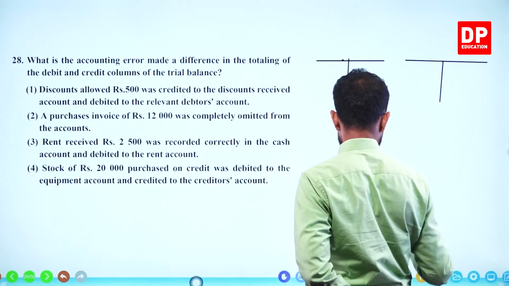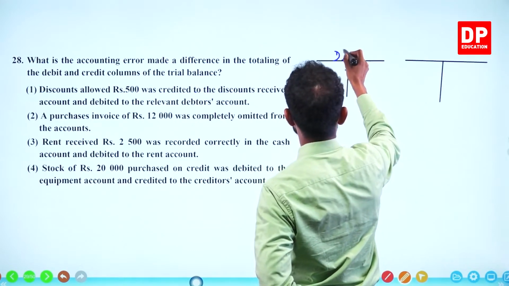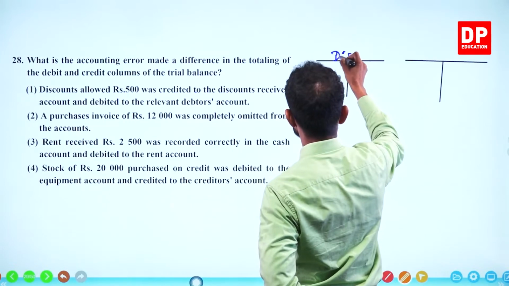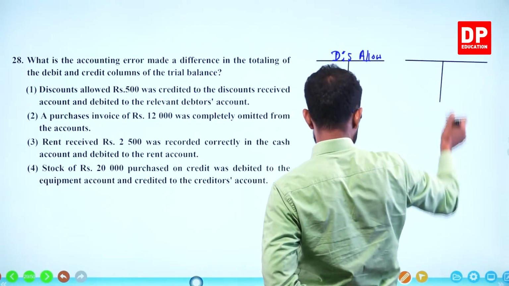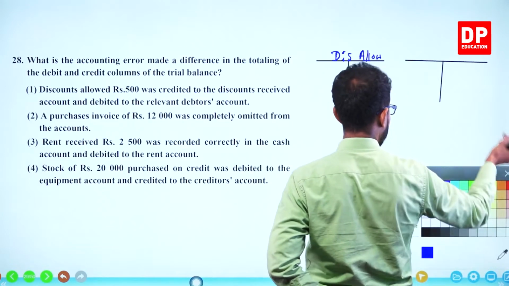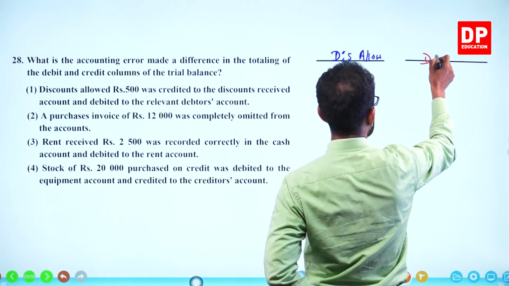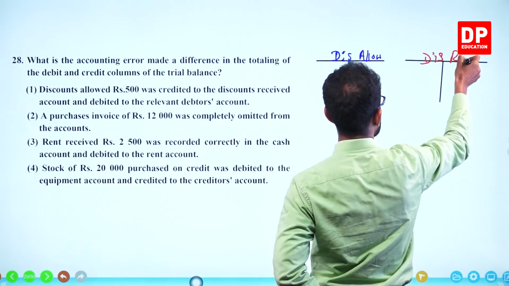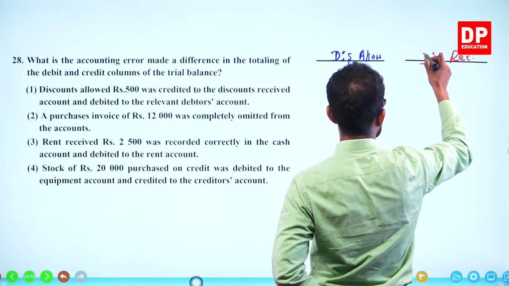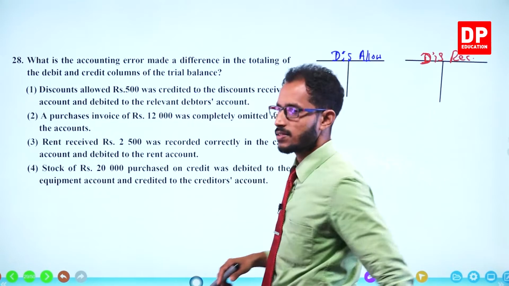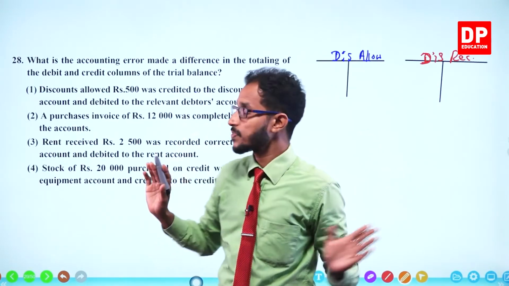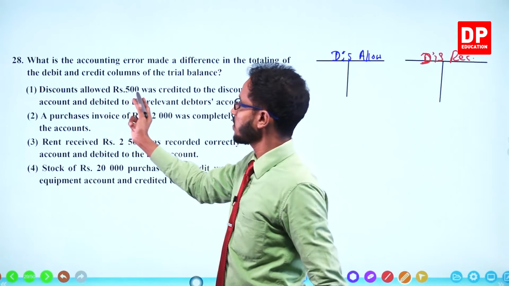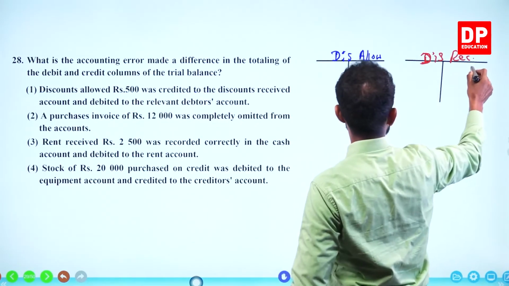Okay, discounts allowed account is an expense account. This is discounts allowed account. This is discounts received account. Discounts received account is an income account. What has happened here? Discounts allowed 500 was credited to the discounts received. Credited here.